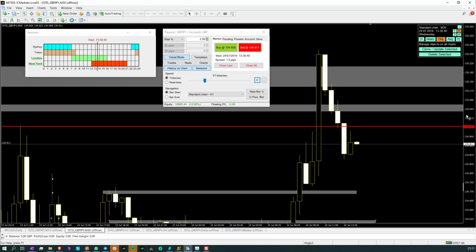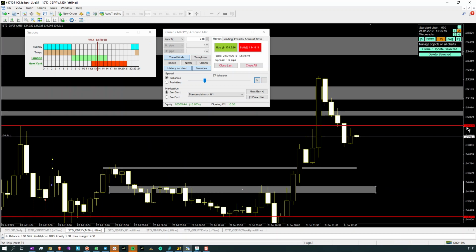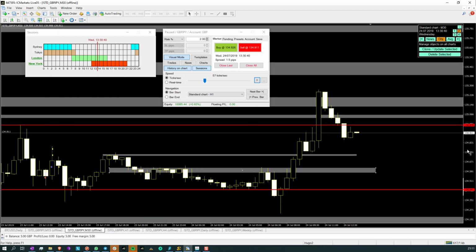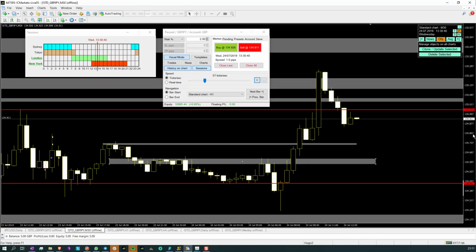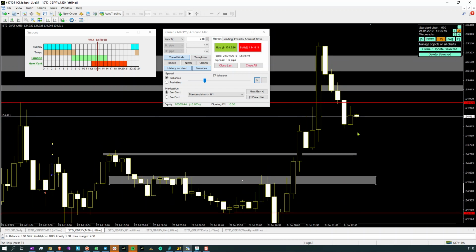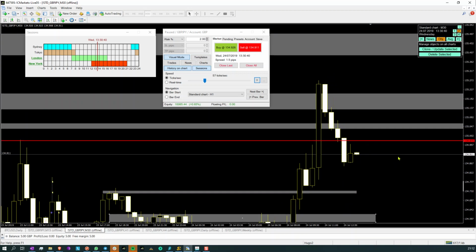If we break up, it also might be interesting, but we are inside the range now. 30-minute bullish close at support, because there is a support in here, kind of supporting here.